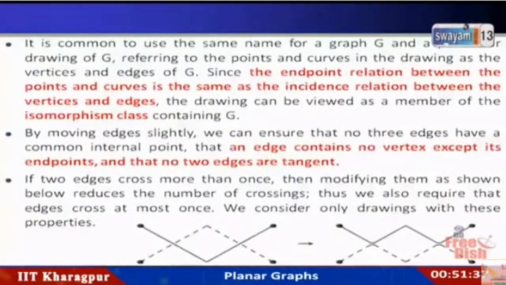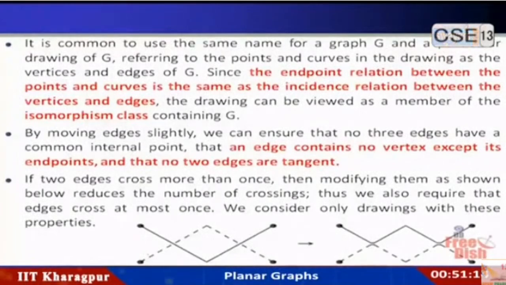It is common to use the same name for a graph G and a particular drawing of G, referring to the points and curves in the drawing as the vertices and edges of G, since the endpoint relation between the points and the curves is the same as the incidence relation between the vertices and edges.